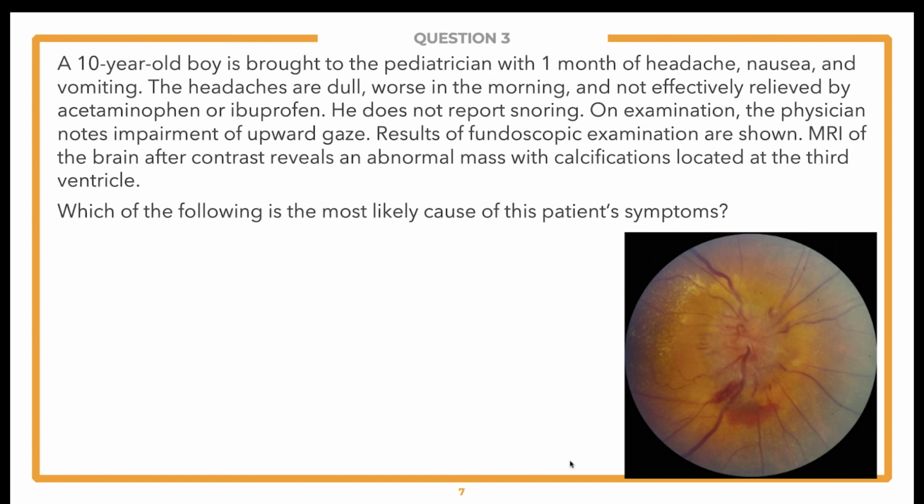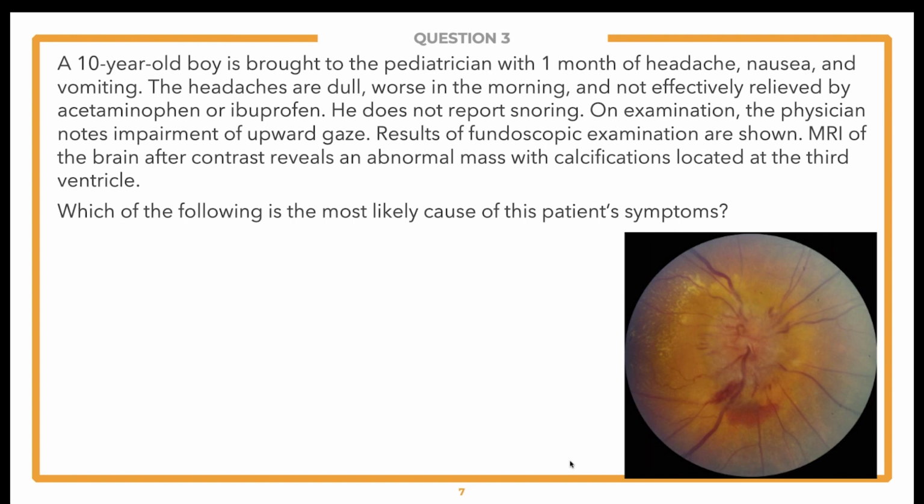Now, in a board-style question, the lead-in refers to the question. So in this case, the lead-in is, which of the following is the most likely cause of this patient's symptoms? We say start there because from here you can get a sense of what kind of answer you're going to be looking for, and what kind of information you need to train your focus on when reading the vignette.